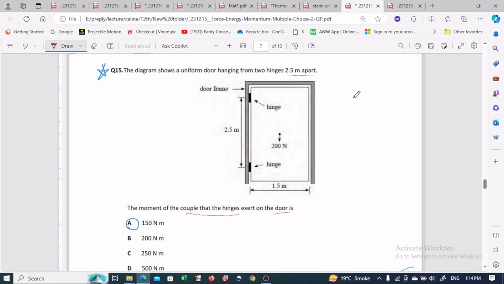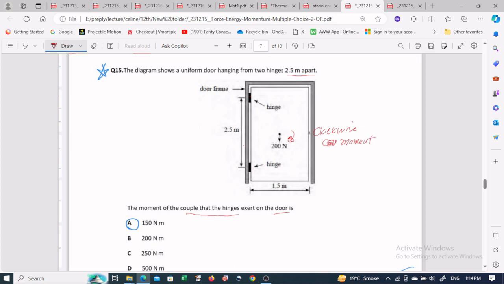In order to find this couple, first of all, we see that there is a force of 200 newton acting downward. This force applies a clockwise moment, sorry, not couple, clockwise moment.